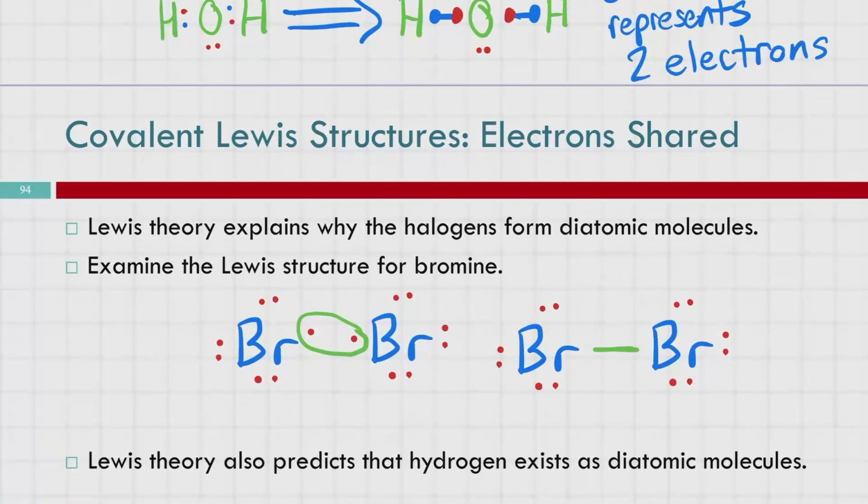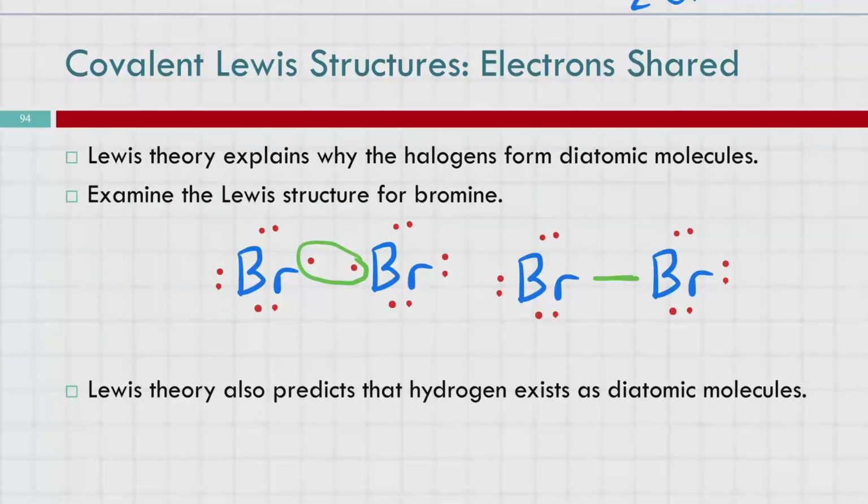And now let's count up our valence electrons. Bromine on the left, we've got 2, 4, 6 from lone pairs, plus 2 because of our bond, which gives us a total of 8 electrons, which is a full octet.